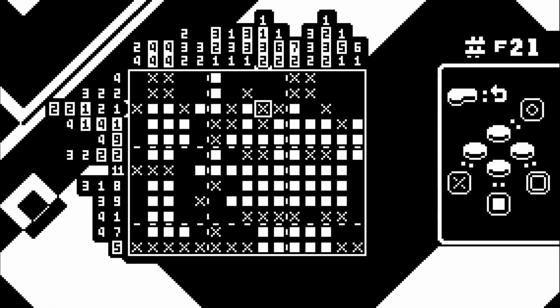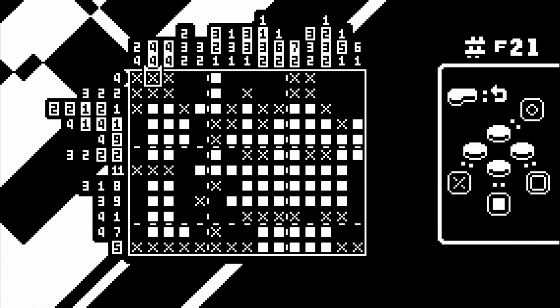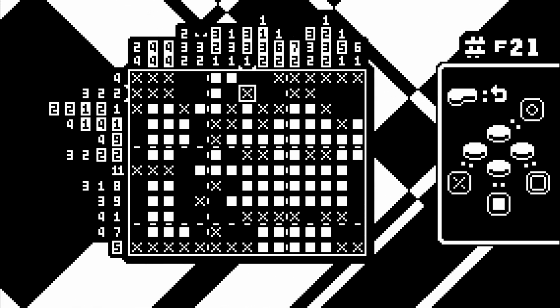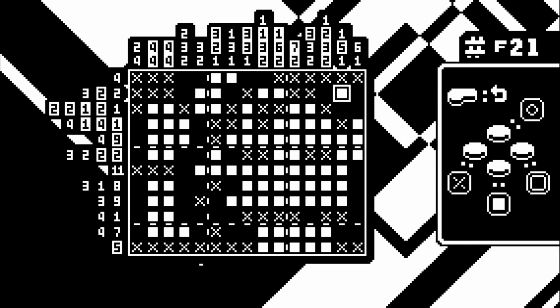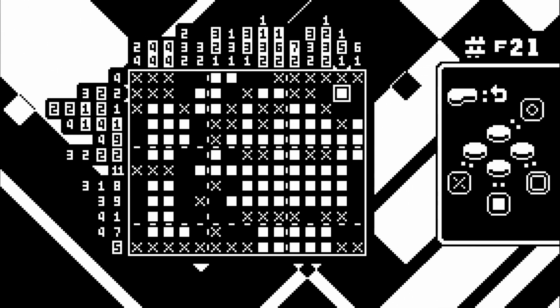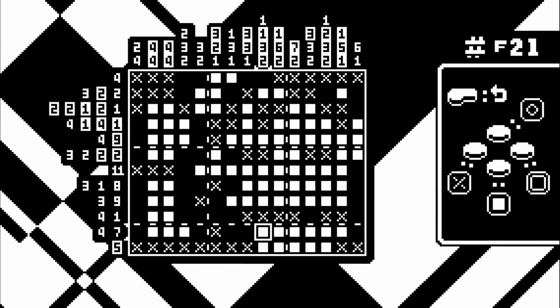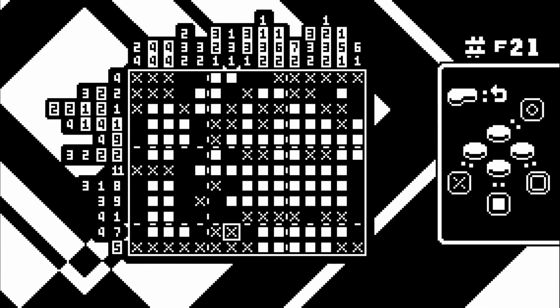So that's a 1, that's a 2. Okay. 3 can't be here, 4 can't be there. Must be here, can't be here, can't be here. 3 has to be there, so 2 has to be here and here. That's that 1 in the column, leaving only 1 space for you. 7 looks like that.